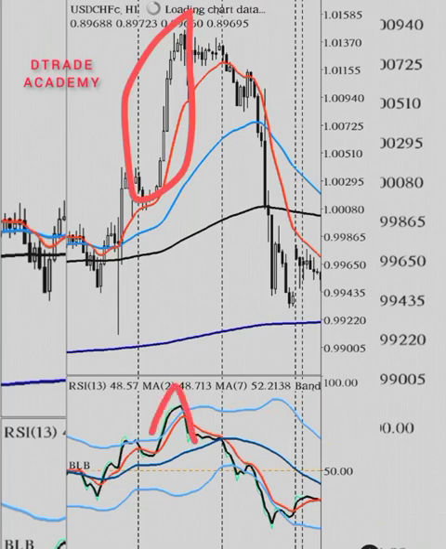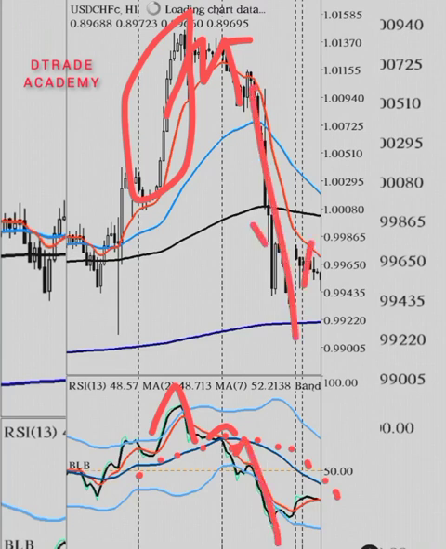Then the second leg of this M pattern must present a bounce inside the water. So when price comes beneath this deep blue, which is our MBLA line, once price comes beneath it, we do what? We sell.